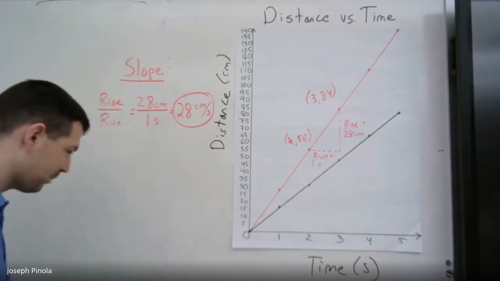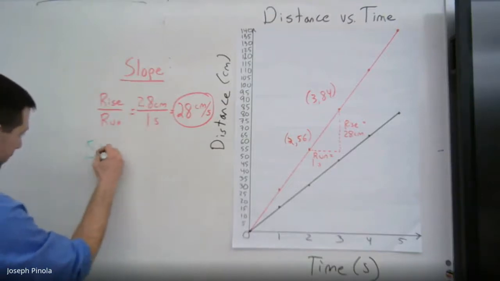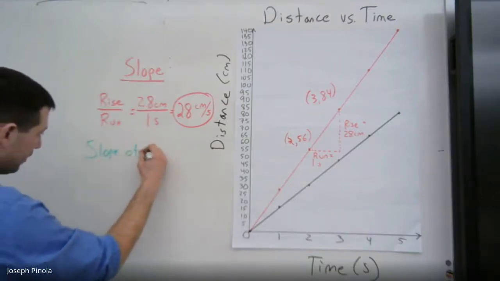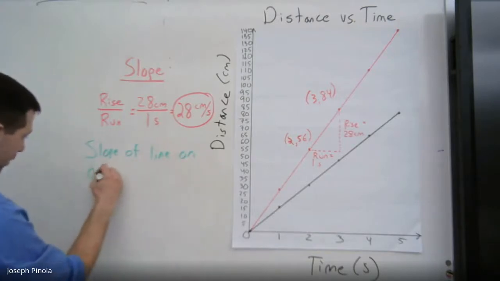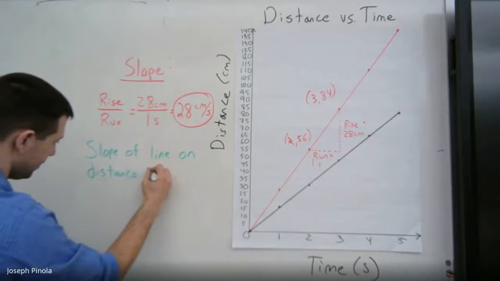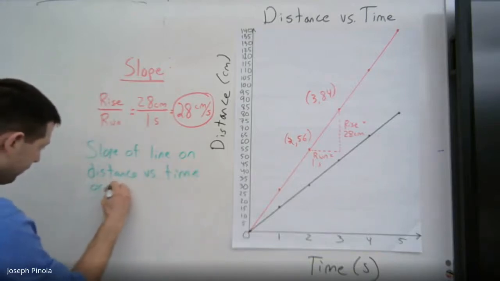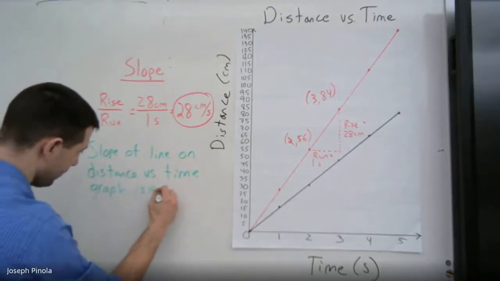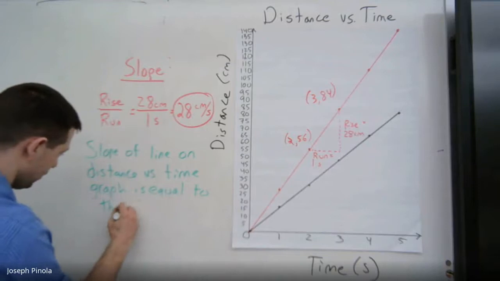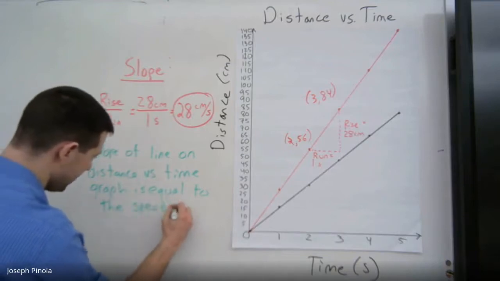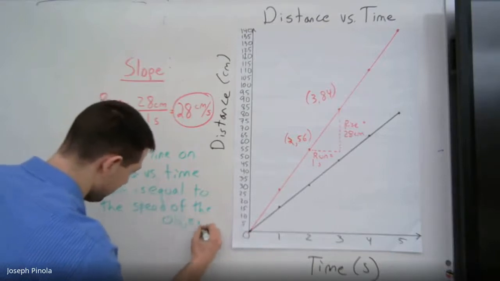What you're noticing is something really important, and that is that the slope of a line on a distance versus time graph is equal to the speed of the object.